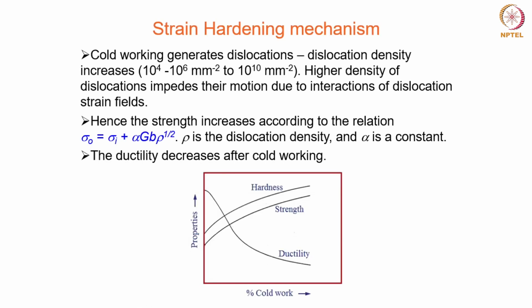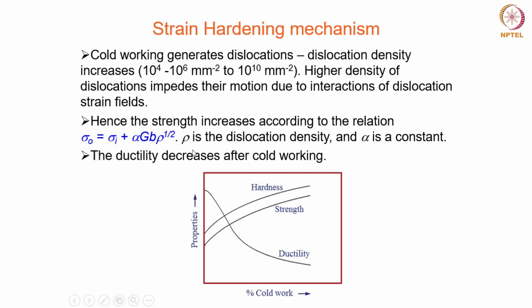So today we are going to discuss the mechanisms of what exactly happens due to cold working, which ultimately leads to the increment in the strength. It's all about interaction between the dislocations. It is dislocation interactions which lead to the increment in the strength in this particular phenomenon.